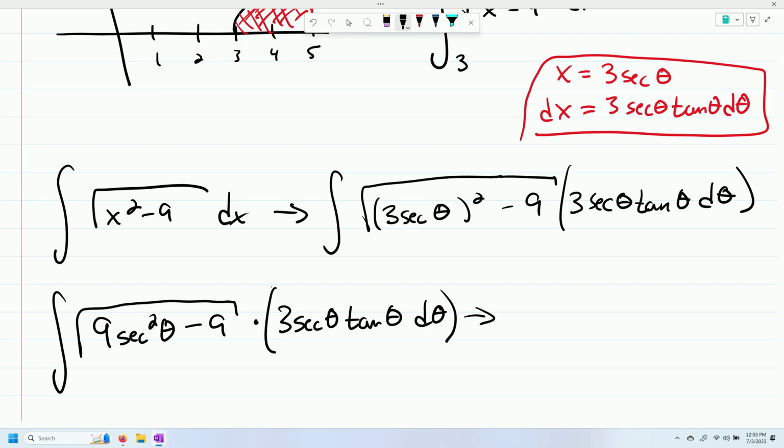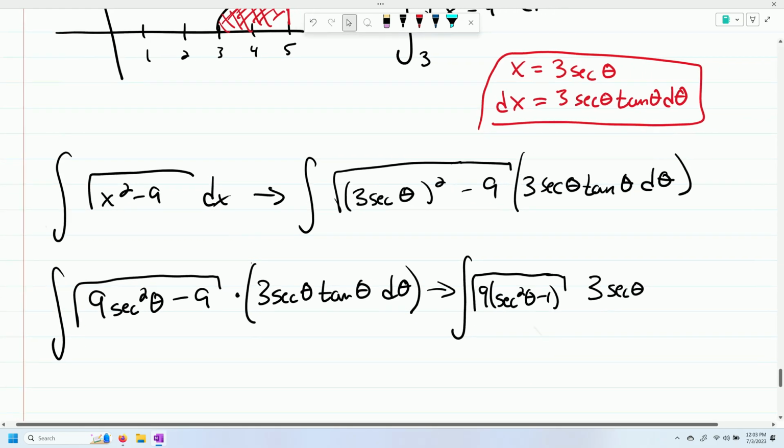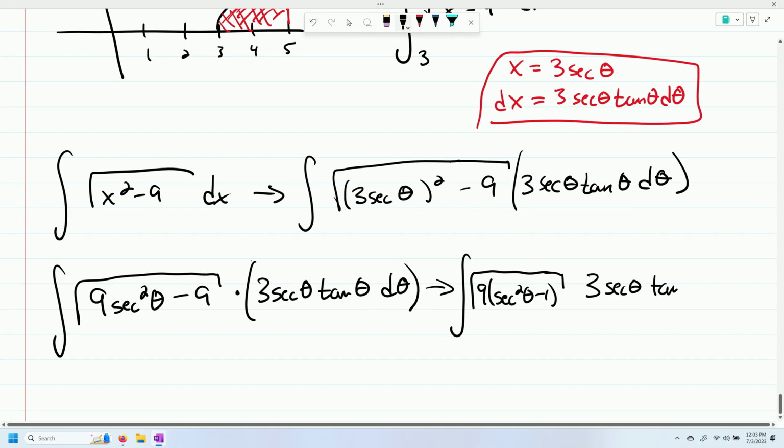And we know 9 secant squared theta minus 9, we could factor out that 9, to give me 9 times secant squared theta minus 1, times 3 secant theta tangent theta d theta.